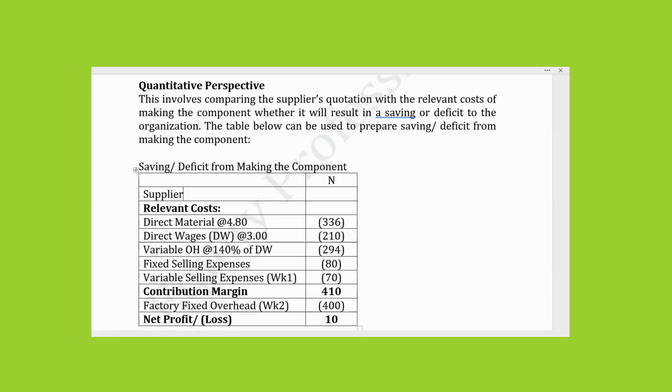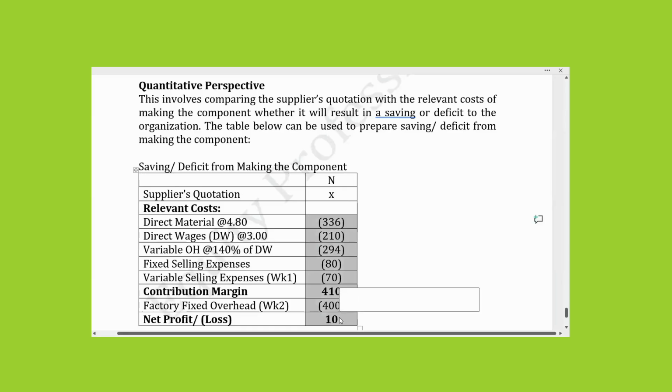You want to compare supplier's quotation. Whatever it is, as supplier's quotation, it will be given to you in the question. Put it there. You then compare this with relevant costs of making the components.